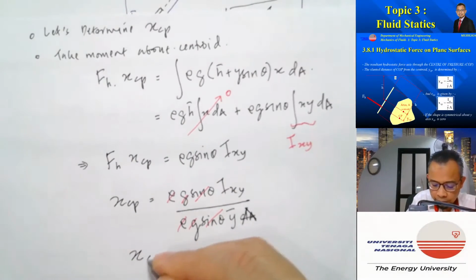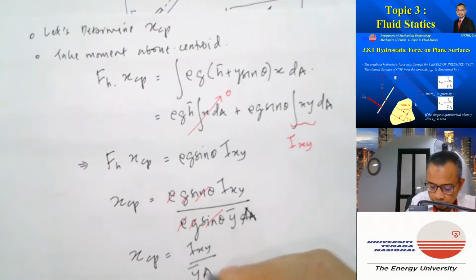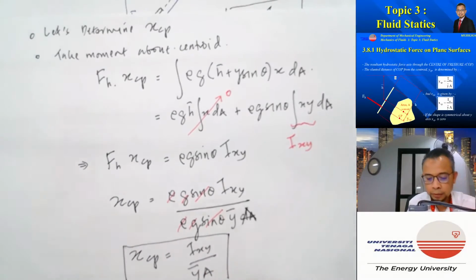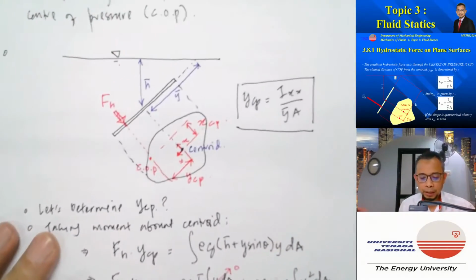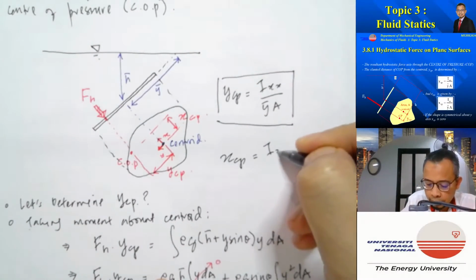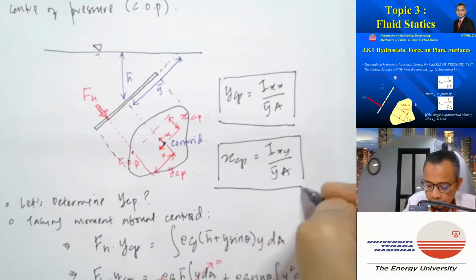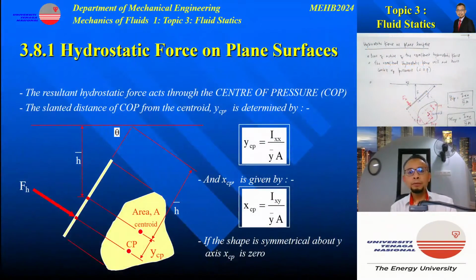So again we have XCP is equal to Ixy over y bar A. So now we have obtained the expressions for the slanted distance of the center of pressure from the centroid, as well as the x distance of the center of pressure from the centroid.